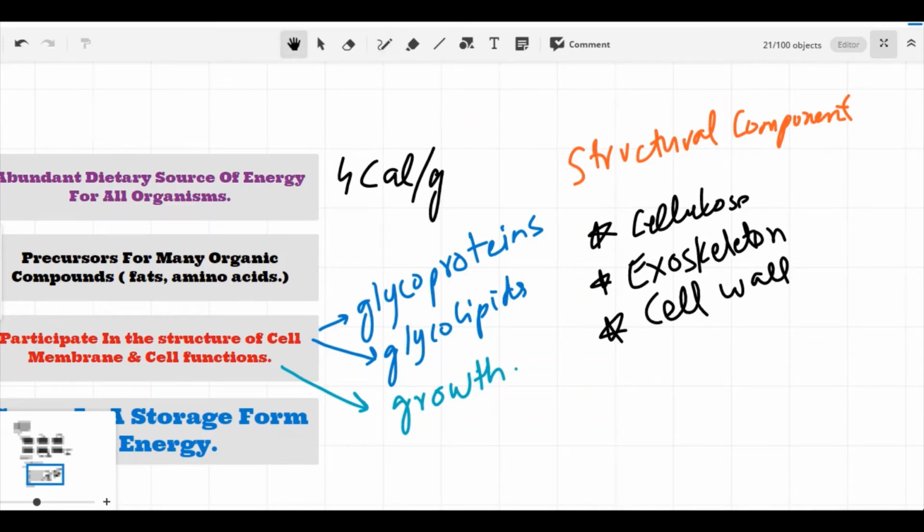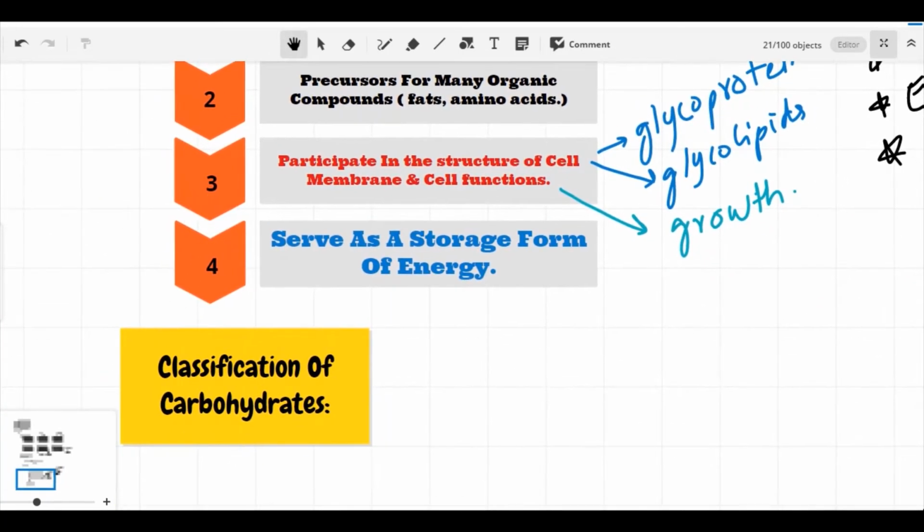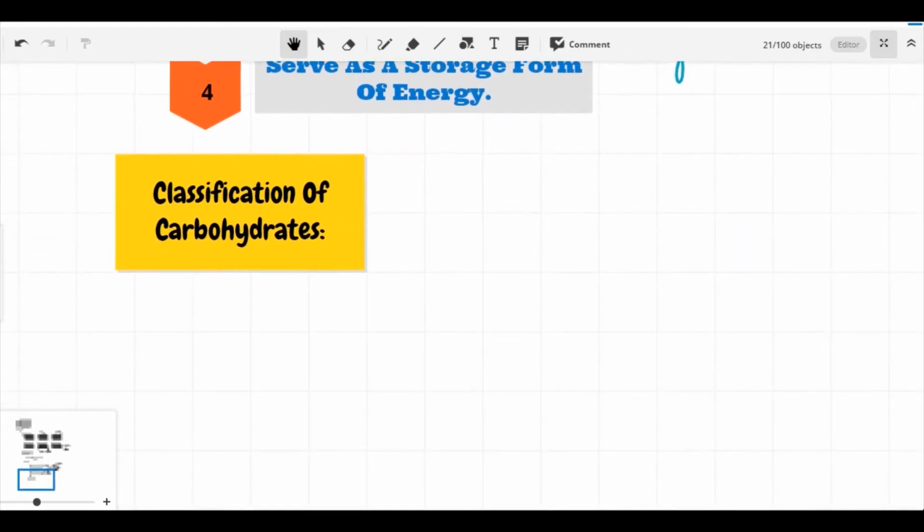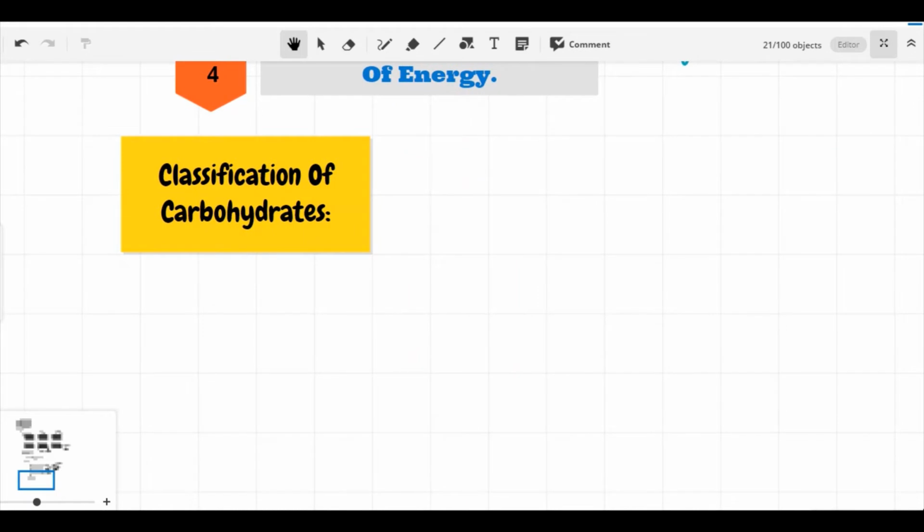Okay, now here we are going to classify the carbohydrates. Remember that carbohydrates are often referred to as saccharides.